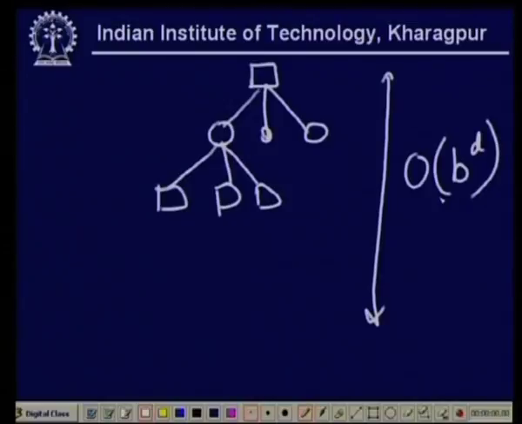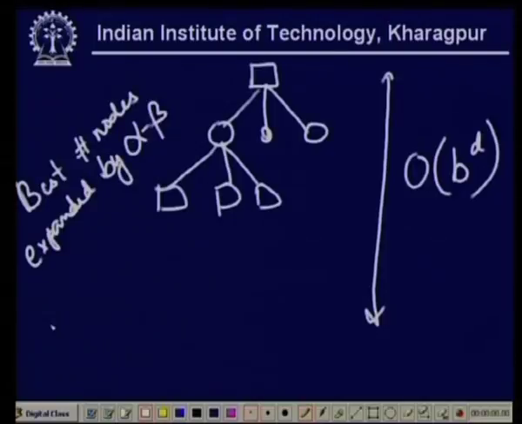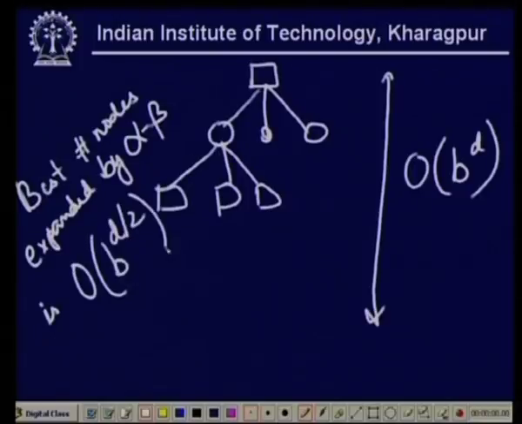It has been shown by Knuth that in the best case, the number of nodes expanded by alpha beta pruning, the best or minimum number of nodes expanded or explored by alpha beta, is order b to the power d by 2, which is the square root of order b to the power d.